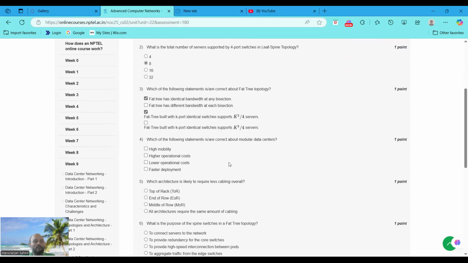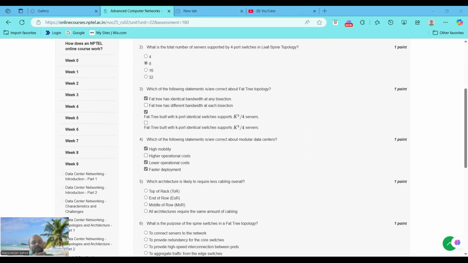Now moving to question number 4. Which of the following statements is or are correct about modular data centers? Modular data centers have high mobility, lower operational cost, and faster deployment. So A, C, and D. Why do we choose these? Because of high mobility: modular data centers are portable and can be relocated easily. Next one is lower operational cost.